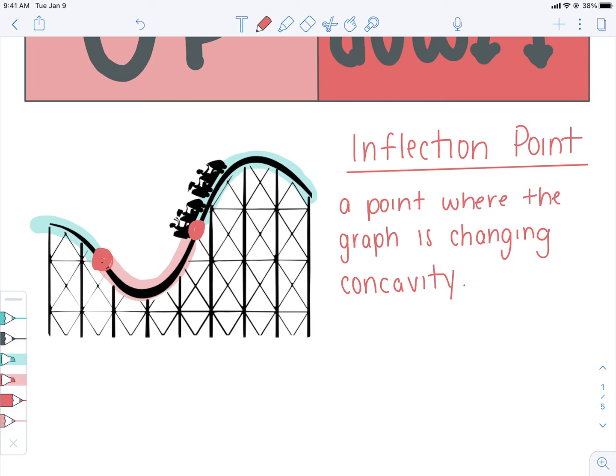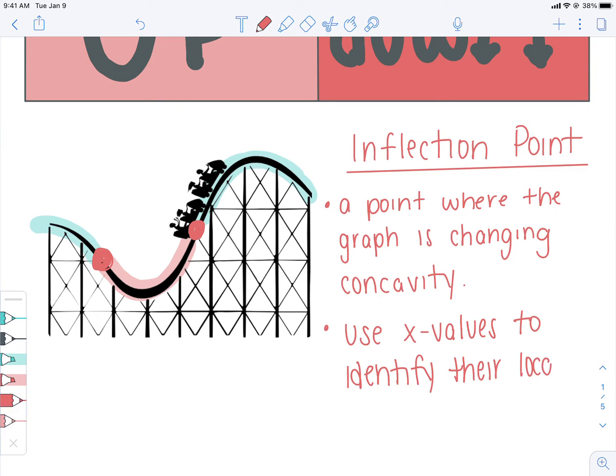Both of those are inflection points. When I identify my inflection points, I'm going to use my x values, just like with my max and mins.